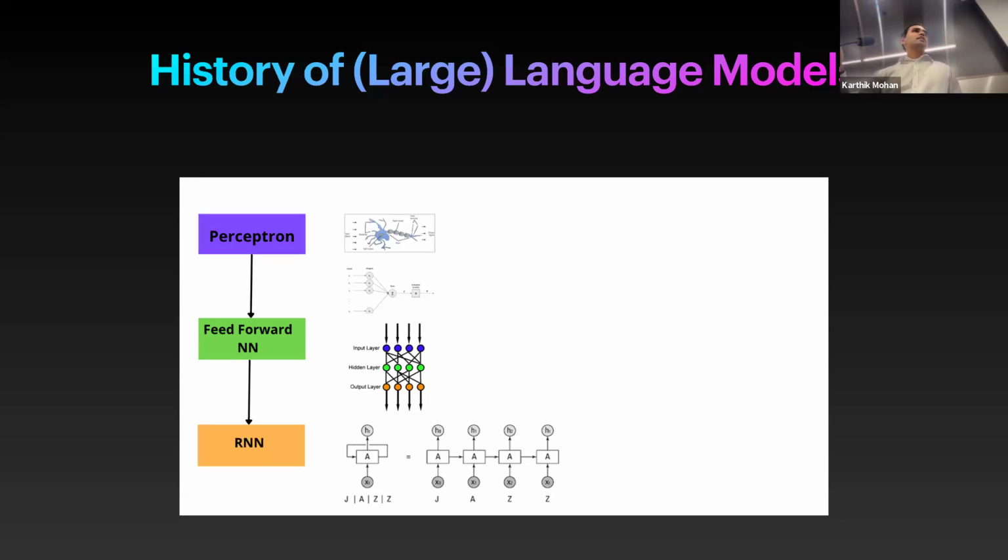So RNNs were the earliest idea of generating the next token. As you can see here, we spoke about character level generation. You can see that this RNN is looking to predict one character at a time. In this example, it's looking to predict jazz. So if you're given J, predict A, given A, predict A, given A, predict Z, but you kind of know what's come before as well.